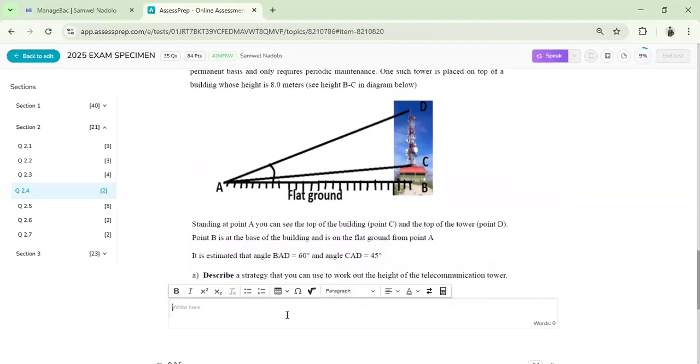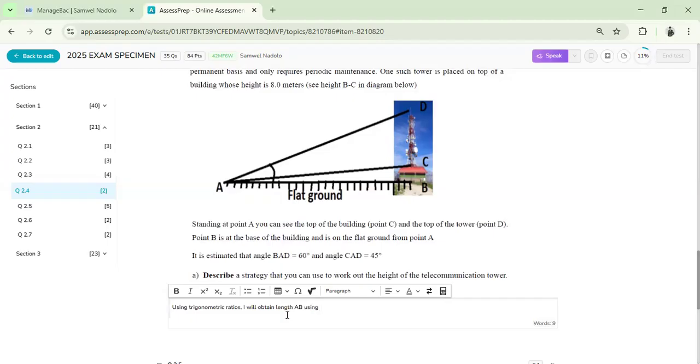So that should be one of the strategies you're going to use to solve this question. So the first thing you can write is: using trigonometric ratios, I will obtain length AB first.